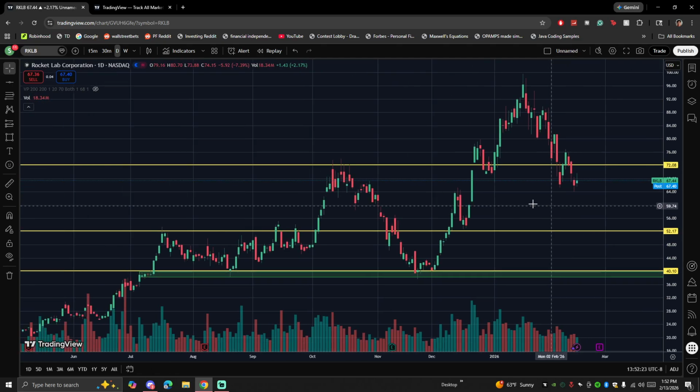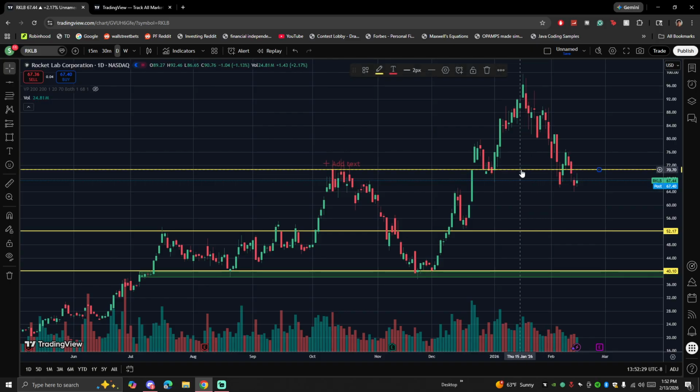Are there any questions regarding how I'm finding these levels and how we can trade them? I'm not entirely sure if I'm making too much sense right now.